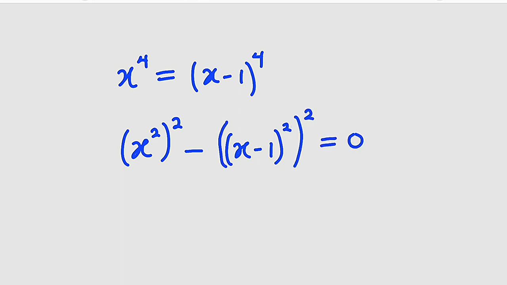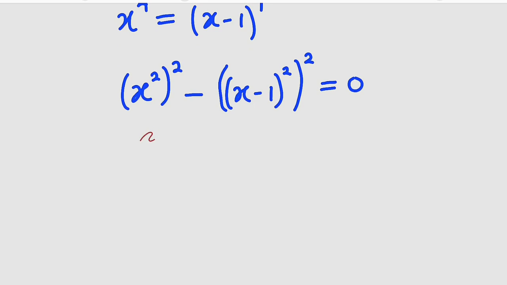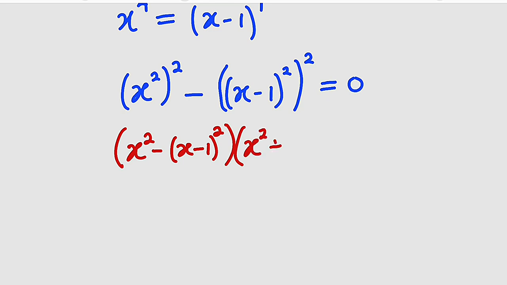This must be equal to 0 because we have taken that term to the left hand side. These are just a difference of two squares that can be factorized as (x squared minus (x minus 1) squared) multiplied by (x squared plus (x minus 1) squared), all of this equal to 0.